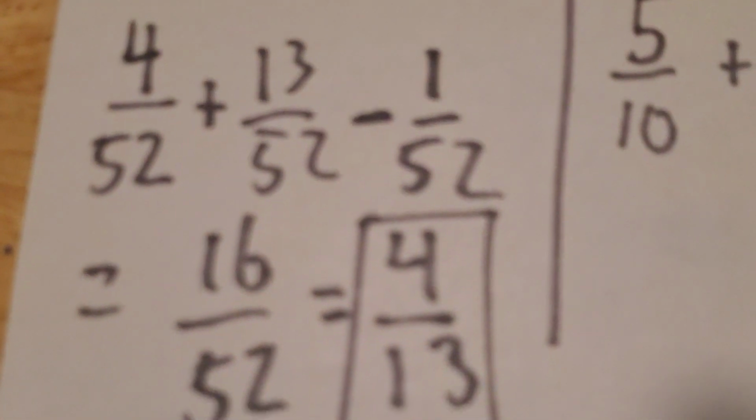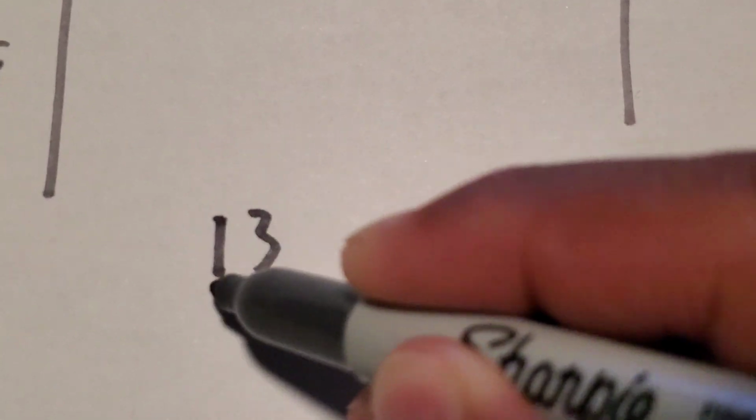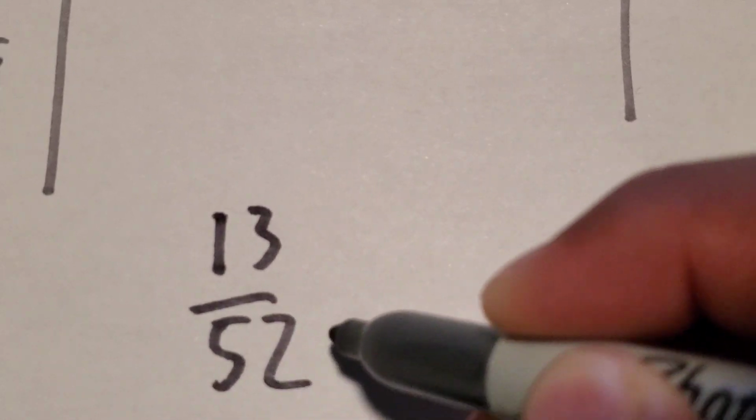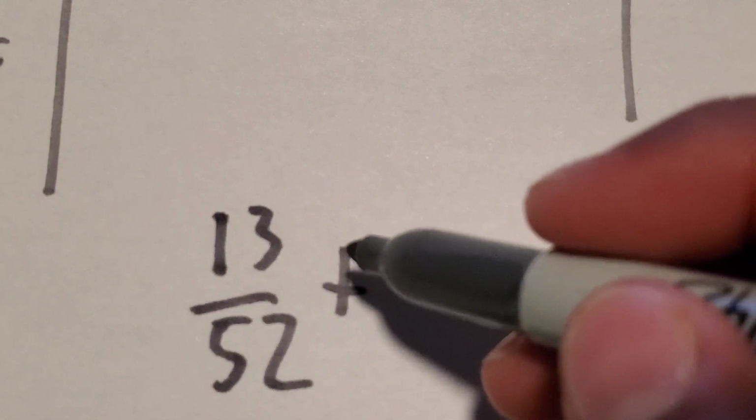So let's do that. So we have drawing a heart. We know that's 13 out of 52. Plus, we have a card with an even number.